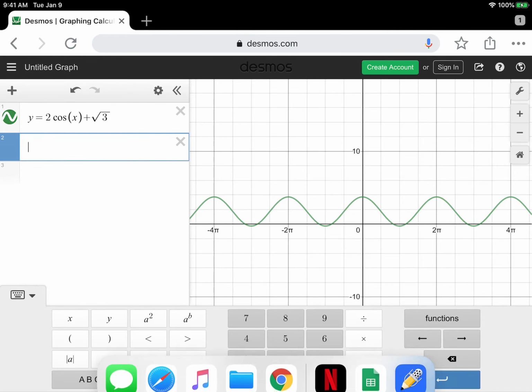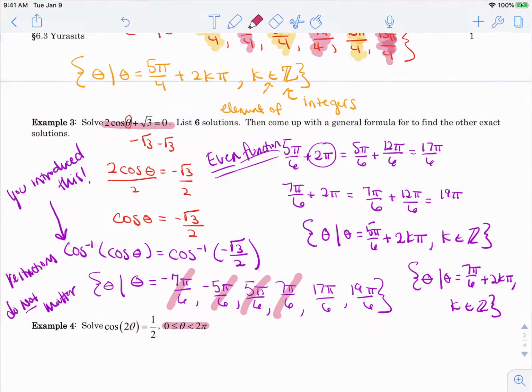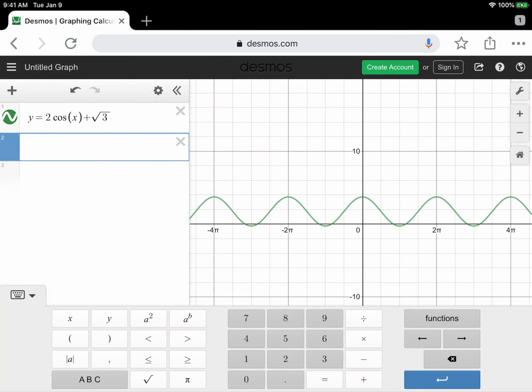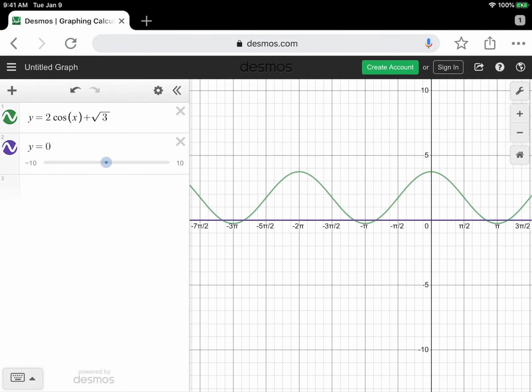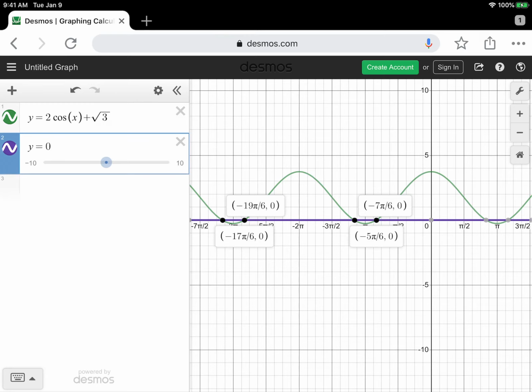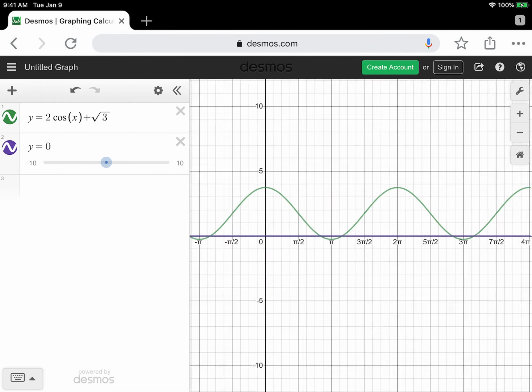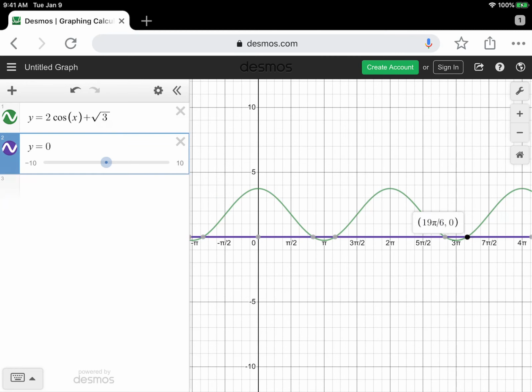And I want to know when this guy equals 0. So I'm going to put in y equals 0. And if you zoom that in, it looks like we have this solution, this solution, this solution, this solution. So those are the two we got. This solution, this solution.